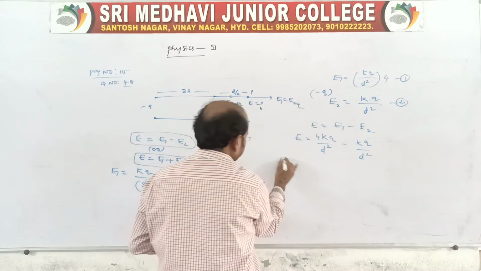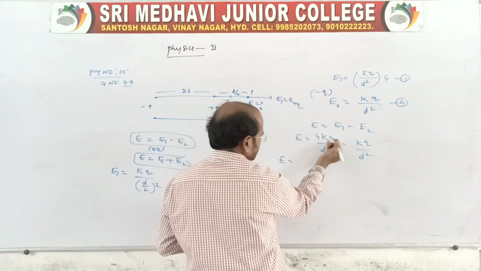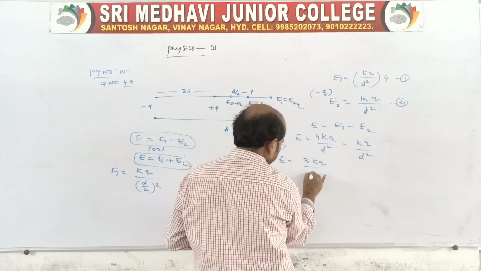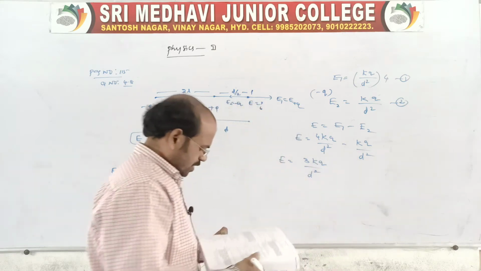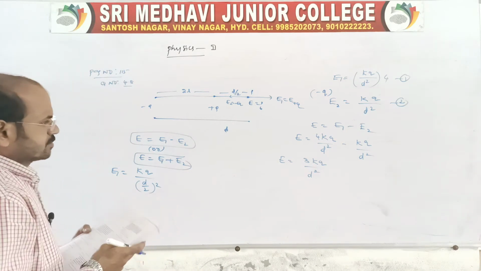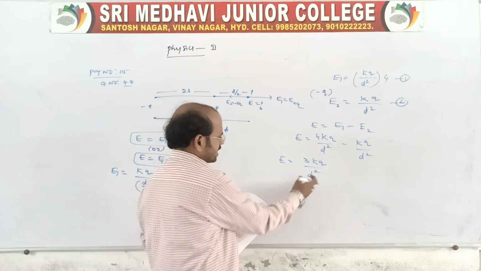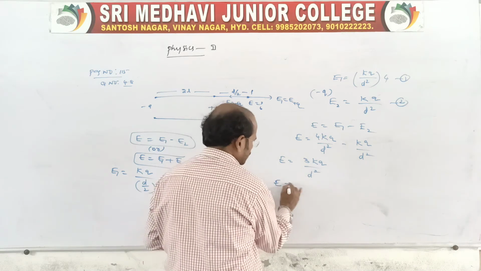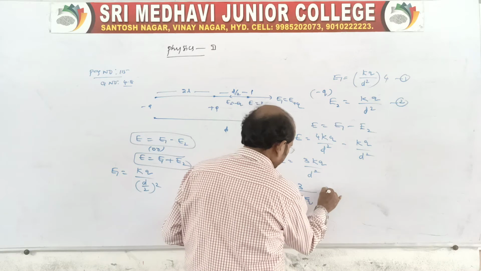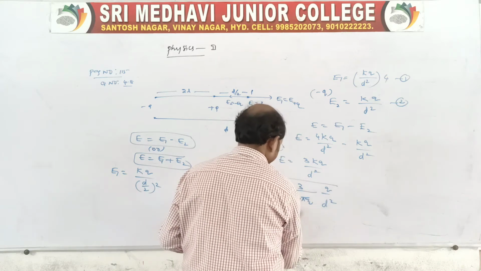Taking K Q by d square common, we get 3 K Q by d square. This is the answer. But what is d? Of course, we can write it like this: 3 into q by 4 pi epsilon naught d square. This is the final answer.